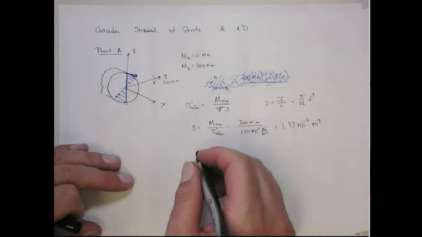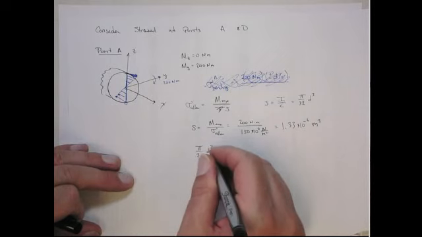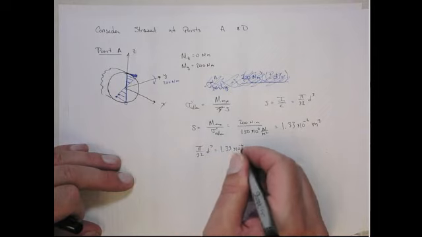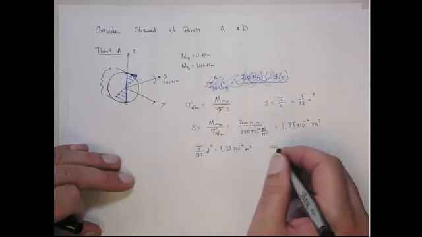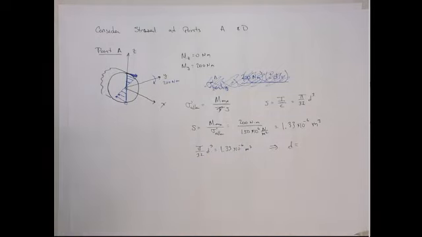Or in other words, pi on 32, the diameter cubed, has to equal 1.33 times 10 to the minus 6th meters cubed. That will give me a diameter equal to, let's multiply this by 32, divide by pi, and then take the cube root of this.